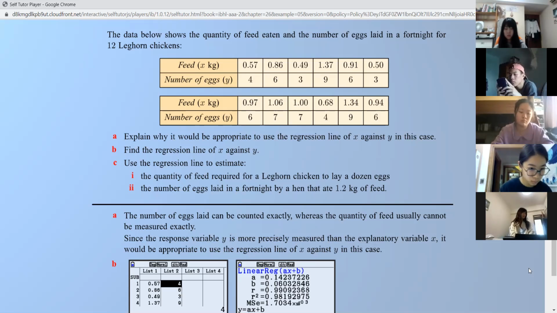Okay. 0.5 and 3. 0.97 and 6. 1.06 and 7. 1 and 7. 0.68 and 4. 1.34 and 9. And finally, the last one and 6.